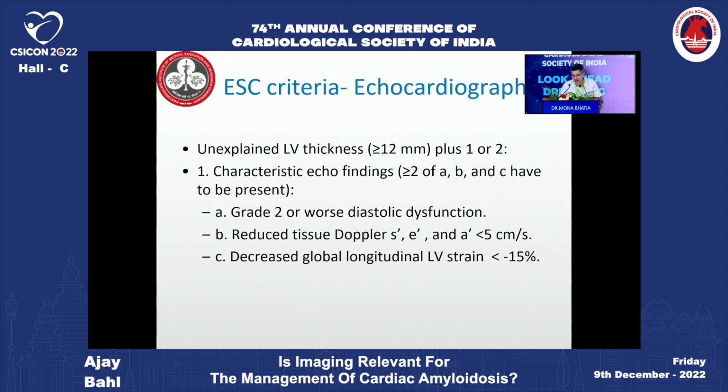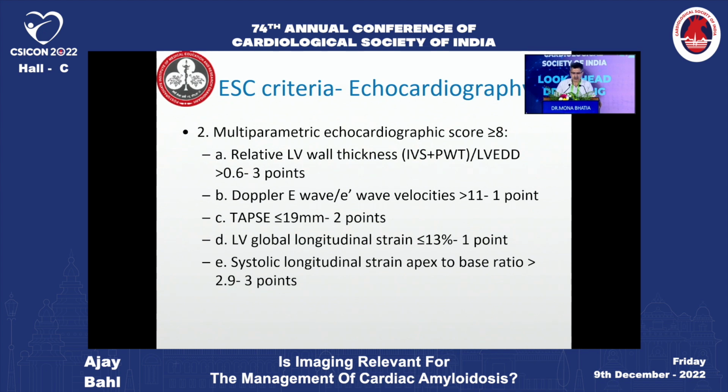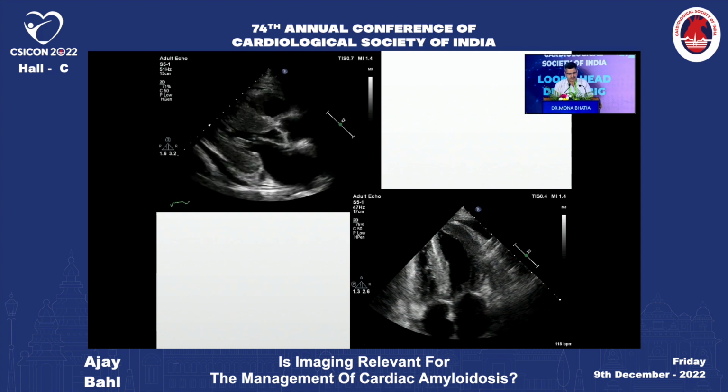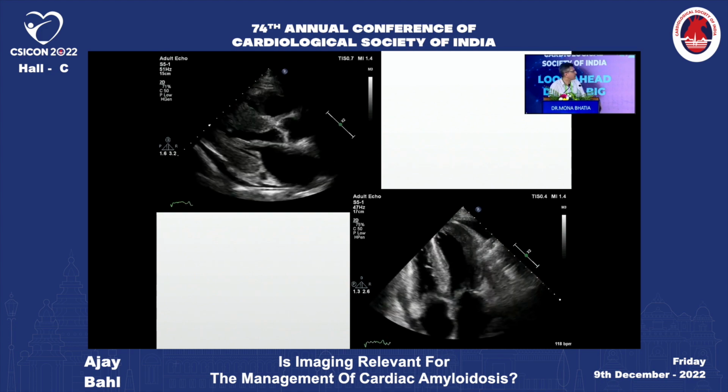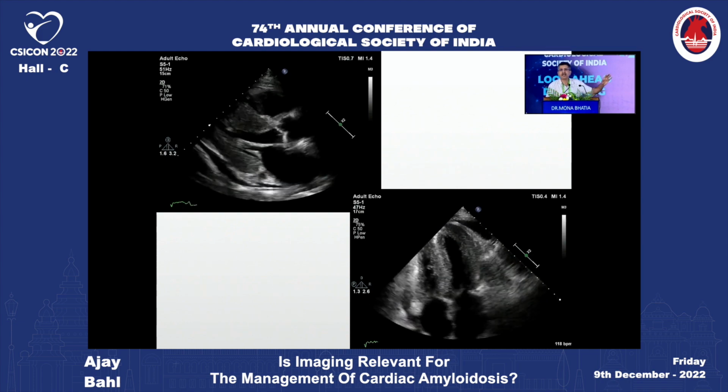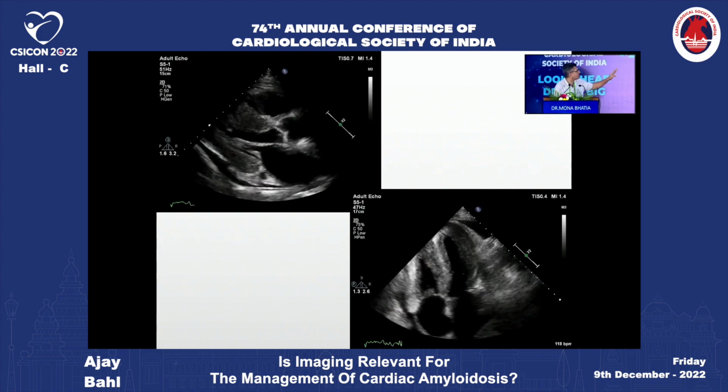In addition to wall thickness, either there is evidence of diastolic dysfunction or there is a multi-parametric echocardiography score which looks at diastolic dysfunction, RV function and the longitudinal strain. These are typical features of cardiac amyloidosis. The basic aim is we must diagnose it before this stage is reached, because even if this patient is treated, the outcome is going to be poor.